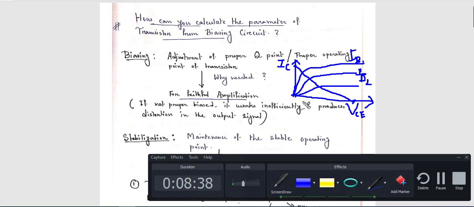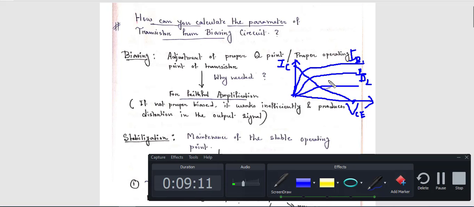Say if it is IB1, IB2 and IB3, the region which lies under IB3 is known as the cutoff region, and the region which lies in the middle of the output characteristics curve is known as the active region. That means here you have to check which Q point lies in the active region. And also you have to consider the middle Q point.